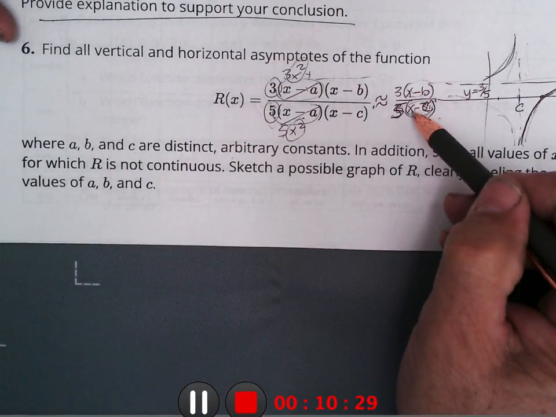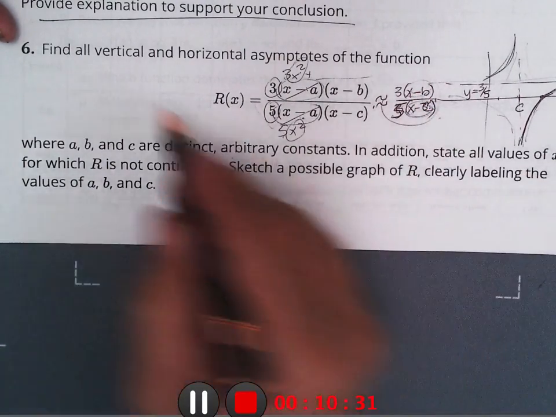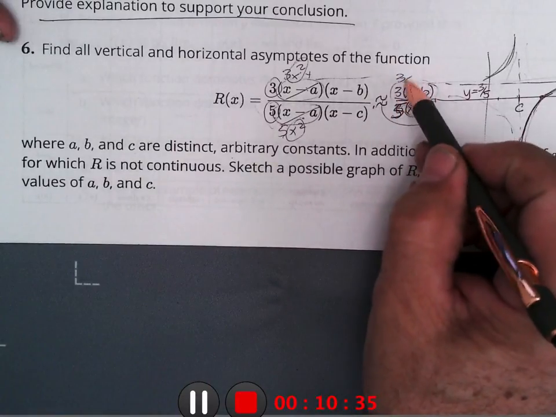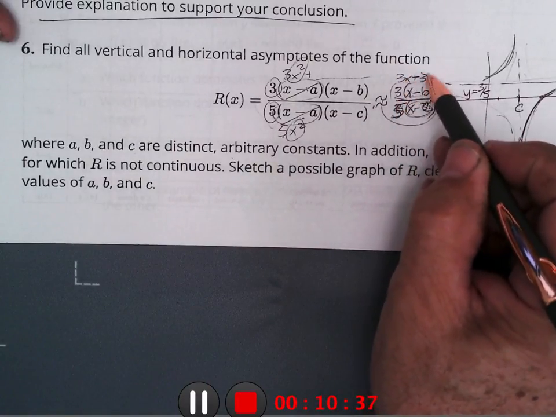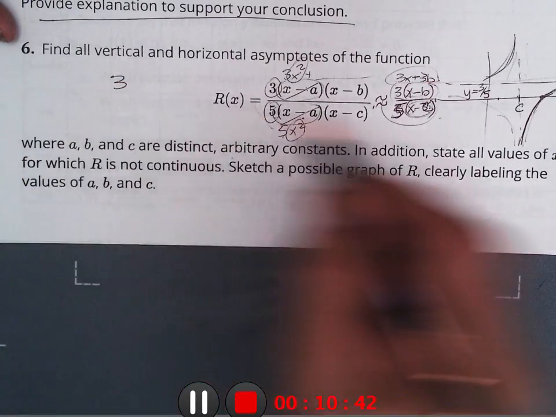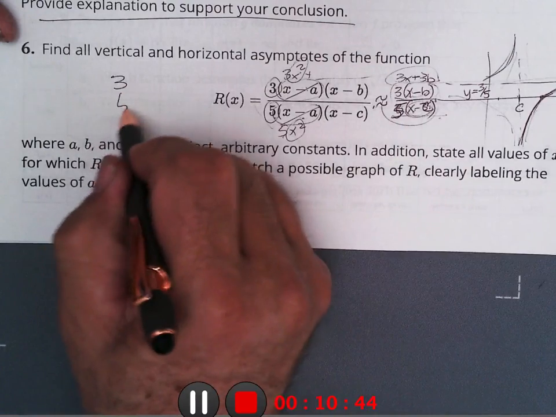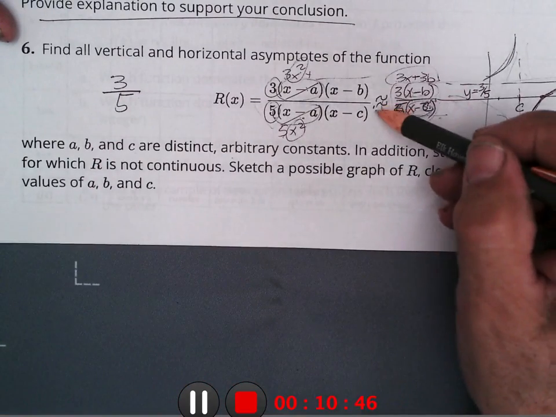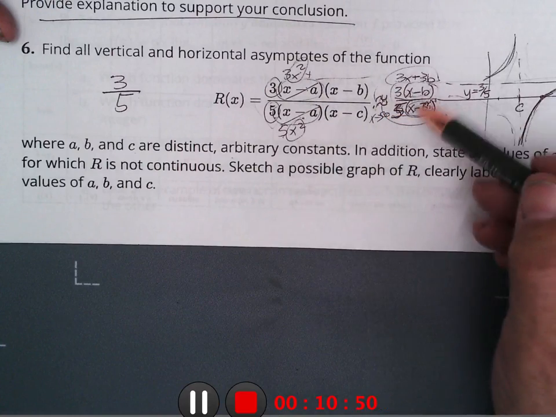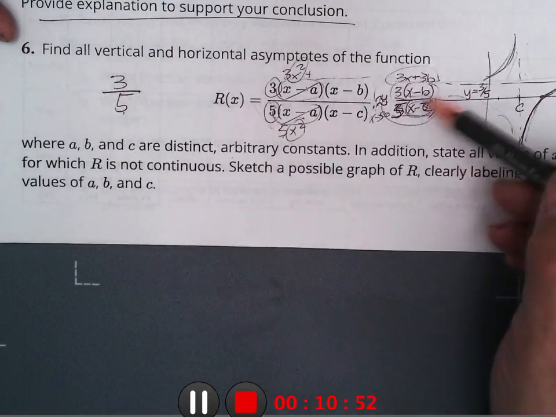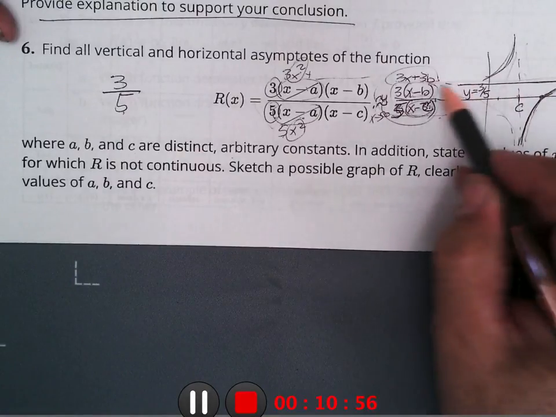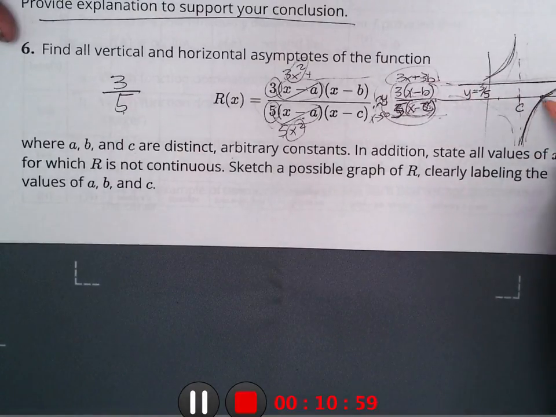So we can do L'Hopital's rule and take the derivative of the numerator. Well, this is 3x minus 3b, and the derivative would be 3, and the derivative of this would be 5. So if you take the limit as x approaches infinity, either positive or negative, you're going to get 3/5 after doing L'Hopital's rule. So the horizontal asymptote is 3/5, and wherever b is, it has to go through 0.